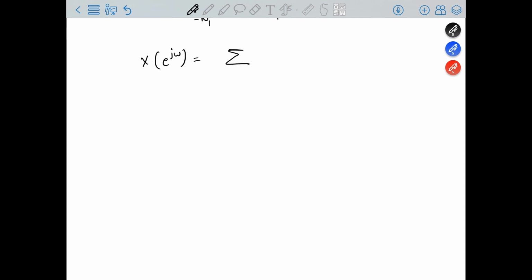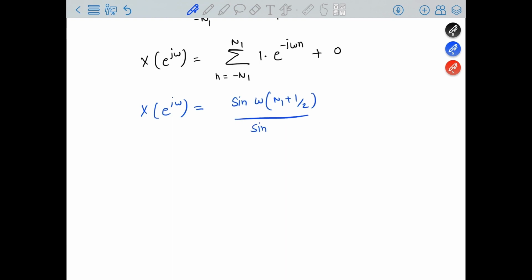We know that for the interval of n varying from minus n1 to n1, the signal is taking a value of 1, times e raised to the power minus j omega n, and for all other values it is 0. So the Fourier transform will come out to be sine of omega times n1 plus 1 by 2, divided by sine of omega by 2.